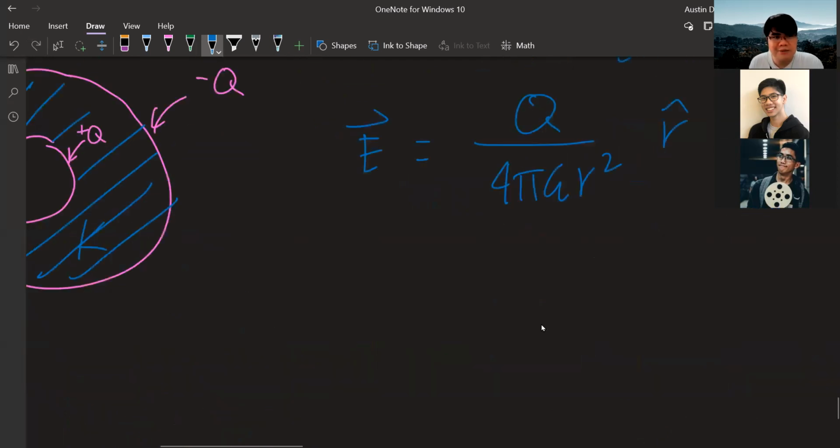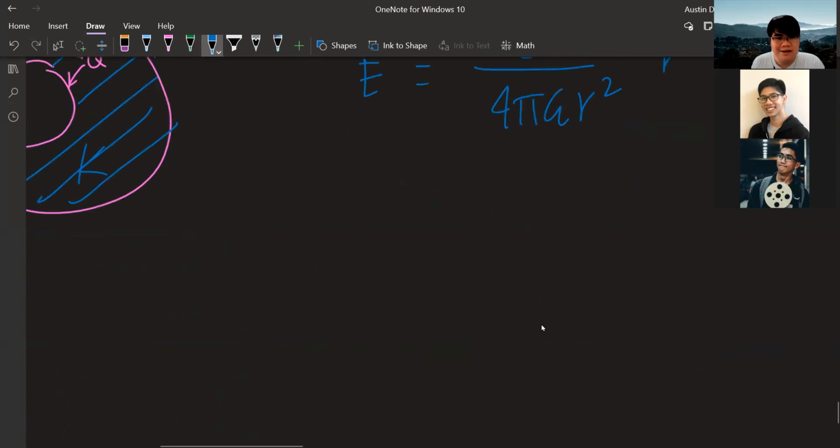However, kung bigyan kayo ng problem na planar yung slab. Meron kang planar conductor.